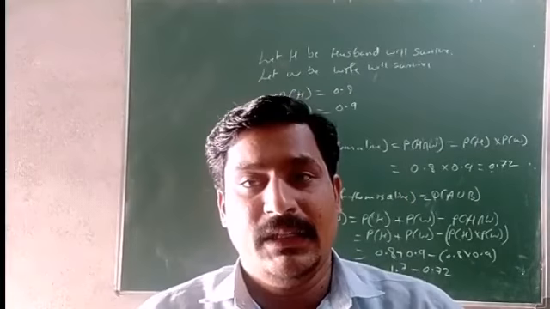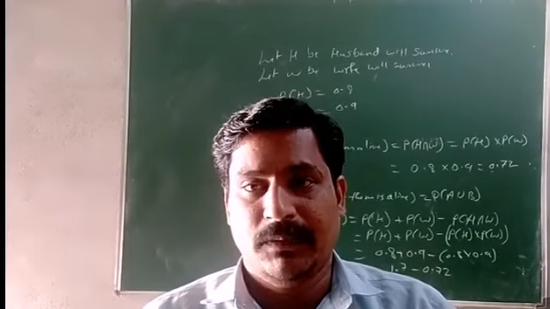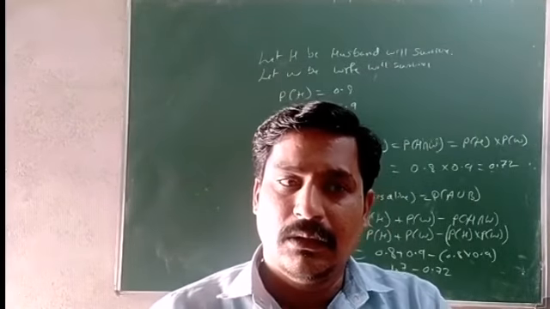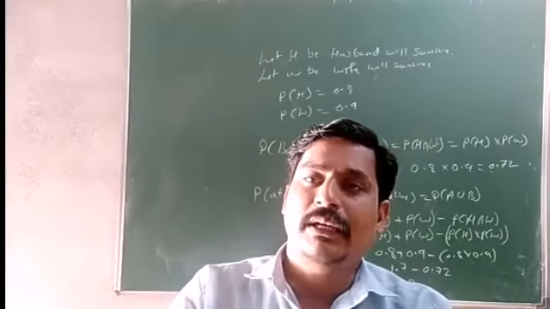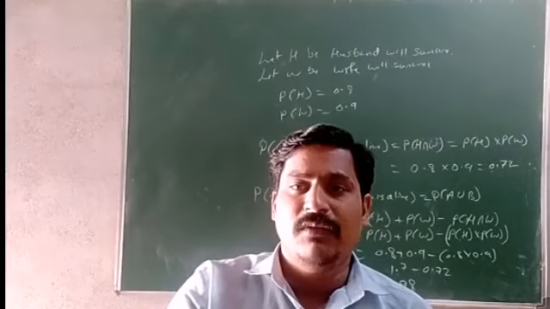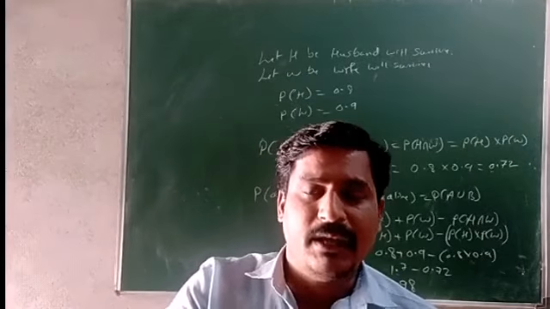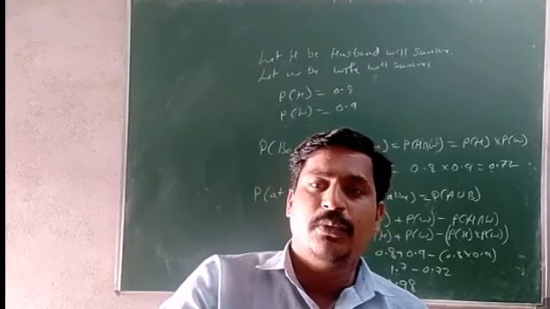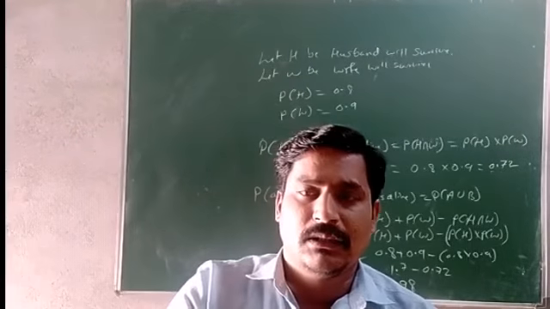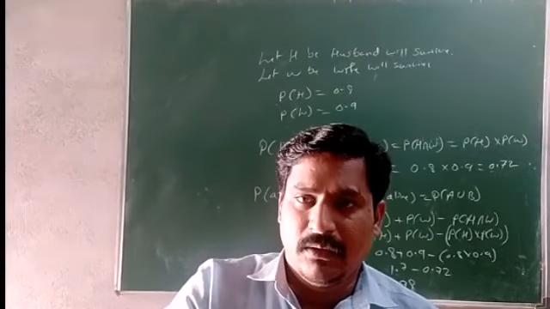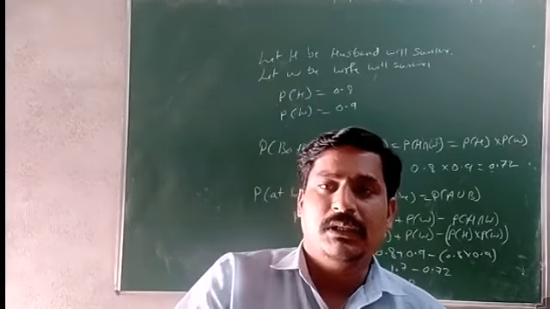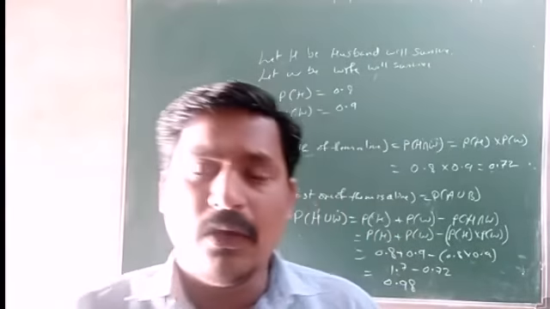So one engine should be successful here. If one engine is successfully running, the aircraft will reach the target successfully. So the probability that one engine will be successful is 0.99, and the answer is also 0.99 only here. Or 1 minus the probability that the aircraft will fail, that is 1 minus 0.01, is 0.99.